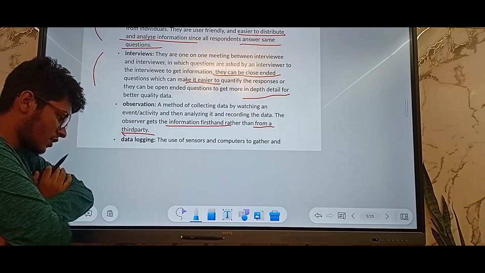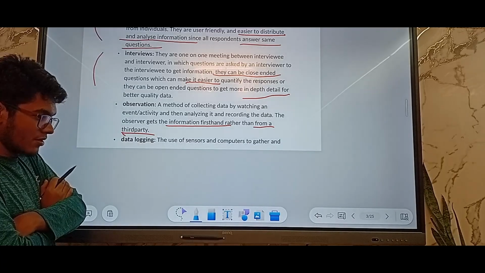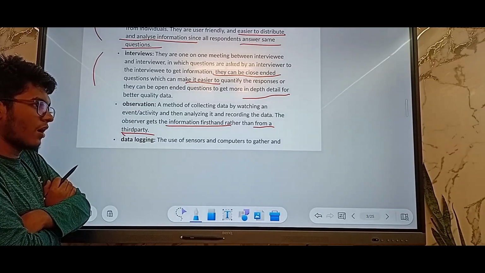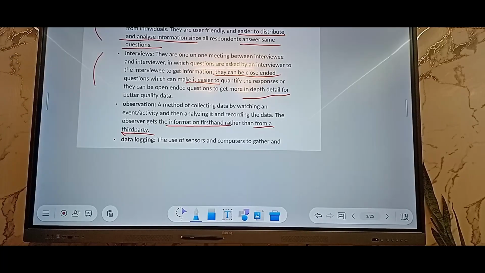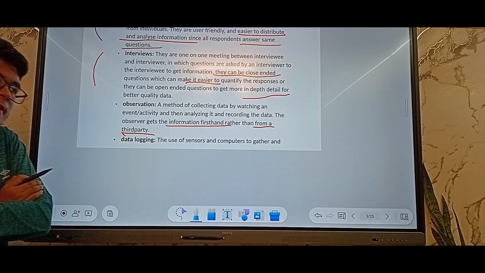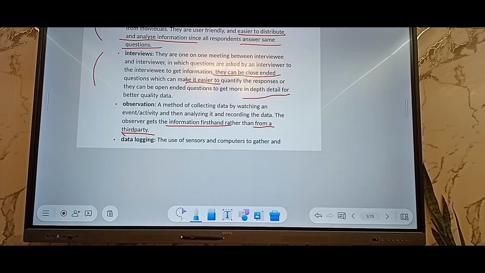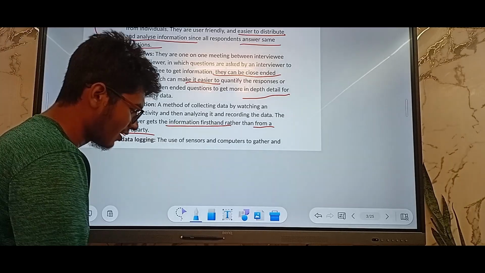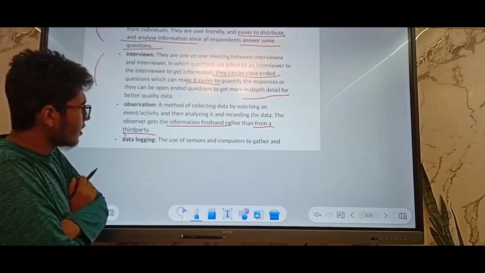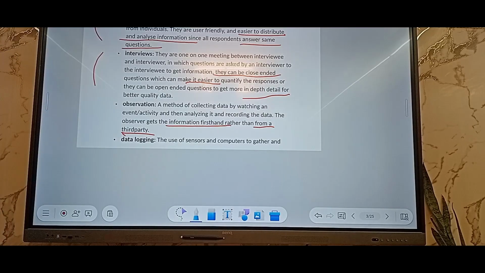So basic observation is, you can stand in a concert like this and observe what the people are doing, how the activity is going on, what they are liking, what they are not liking, how many people have actually attended the Travis Scott concert, and how many people sadly got killed by getting trampled over. You're observing, right?